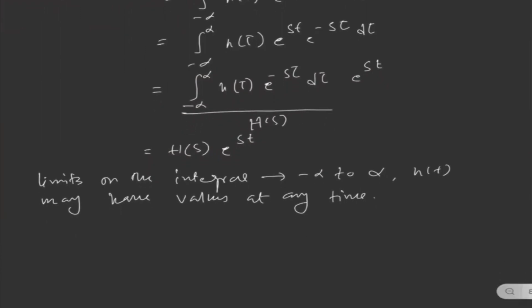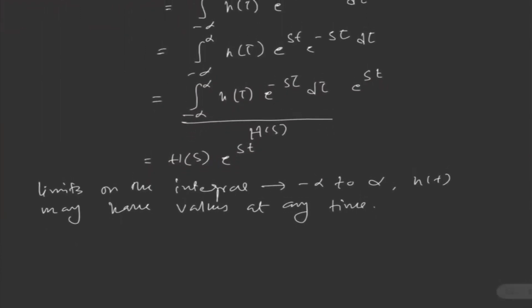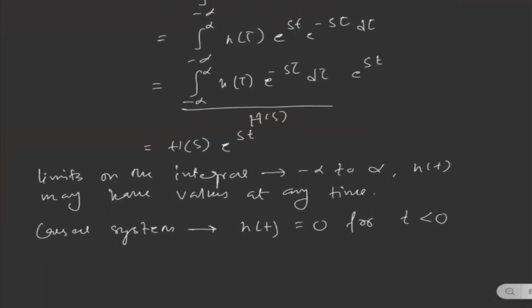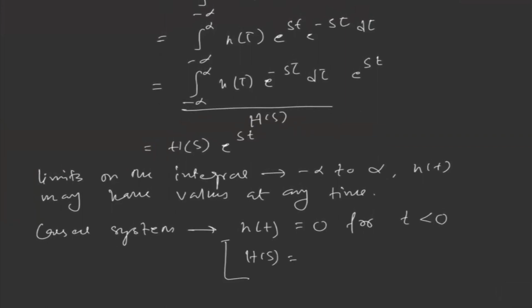But for a causal system, h(t) will be zero for t less than zero. If we write it in the frequency domain, H(s) is the integral from minus infinity to infinity of h(tau) e to the minus s tau d tau.